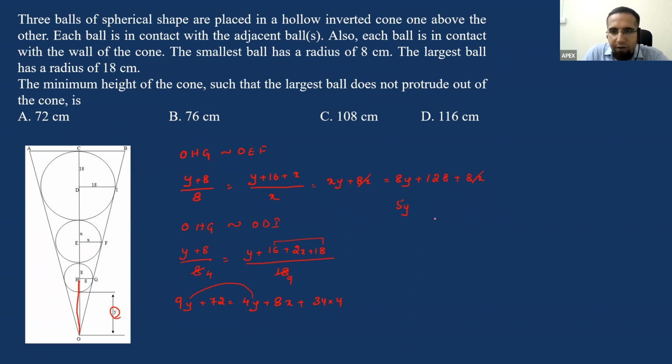Clear? So we have 5y is equal to 8x. And what are the values that we have here? The values that we have here is going to be 34 into 4, that is 136 minus 72, which is going to be equal to 64. This is plus 64.